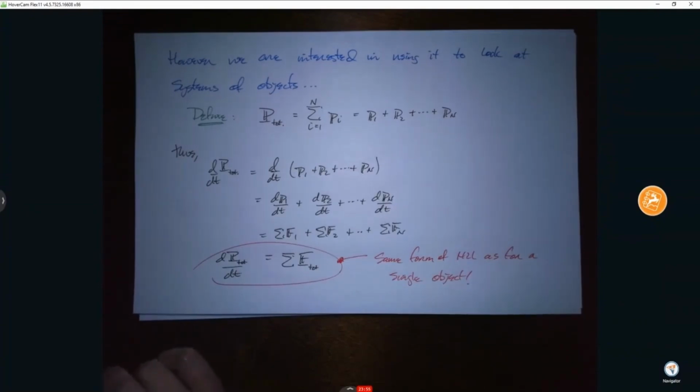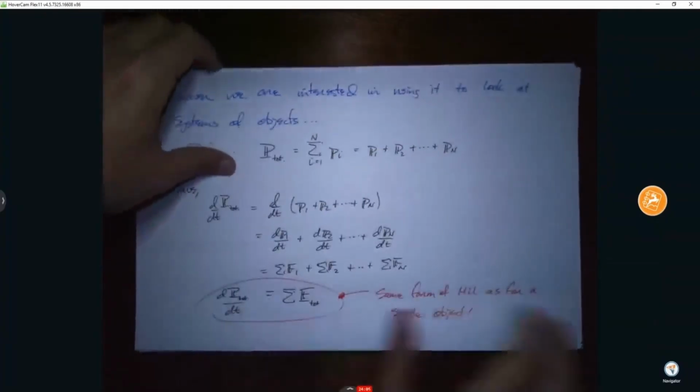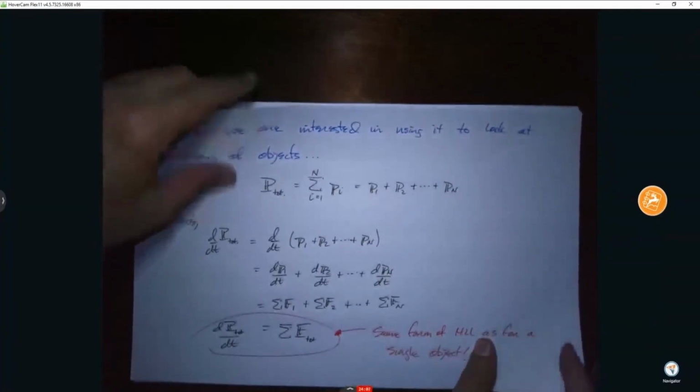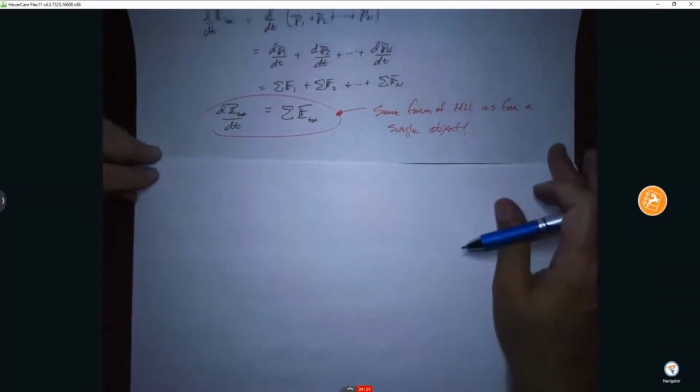And then we can talk about the fact that if the net force over the system is 0, then the momentum of the system is constant, and we have conservation of linear momentum. So we can repeat what we had done for the single object, but now for our system of objects.